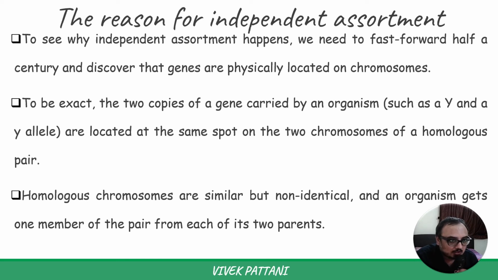To be exact, the 2 copies of a gene carried by an organism, such as a Y allele and a y allele, are located in the same spot of the 2 chromosomes of a homologous pair. The homologous chromosomes are similar but not identical. An organism gets one member of the pair from each of its 2 parents.